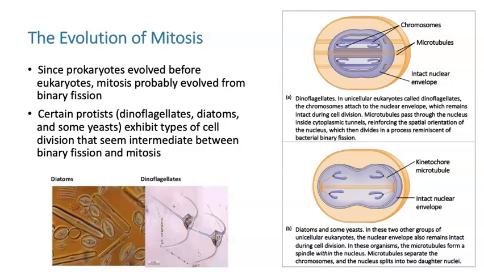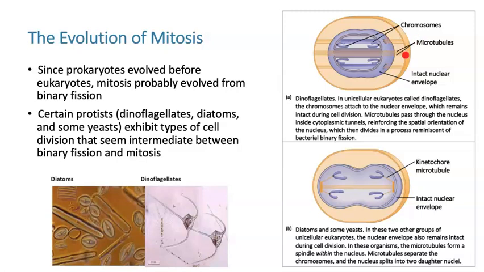Some yeasts also do it this way, where the cell division looks like something kind of in the middle between binary fission and mitosis. So if you look here at how the dinoflagellates do it, their microtubules are attached to the plasma membrane, the nuclear envelope doesn't disappear, and there's no centrosome there.